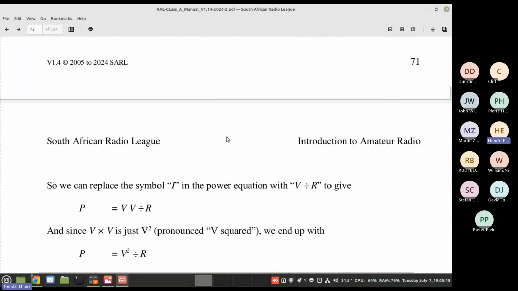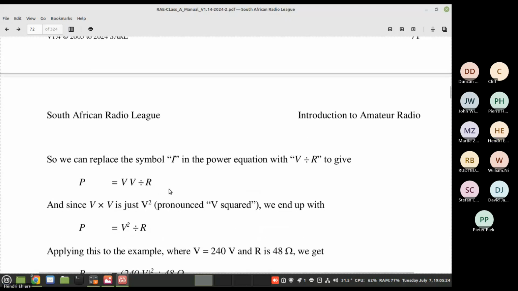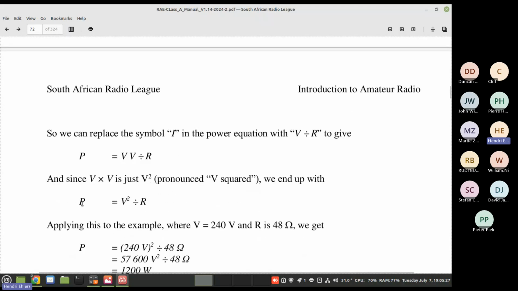Okay, this is a whole explanation, and you can actually calculate P by saying V squared divided by R, because if you use the other formula inside this one, P is V times V divided by R, so it's V squared divided by R. But like we said, you get a formula sheet.